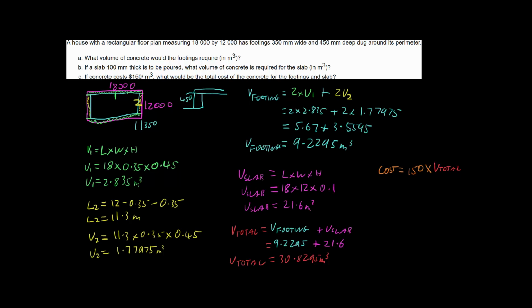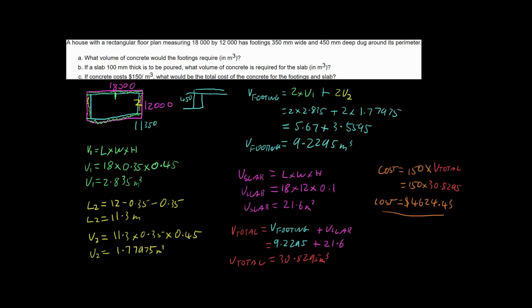So this is going to give me 150 times this 30.8295, and that'll give me a total cost of the concrete of $4,624.43, and that's it.